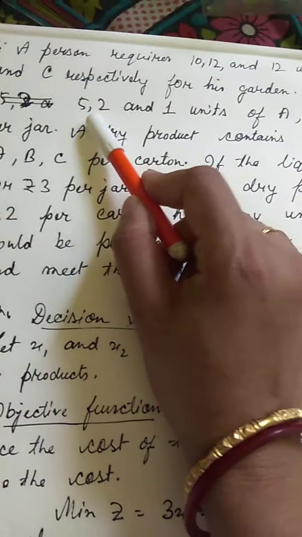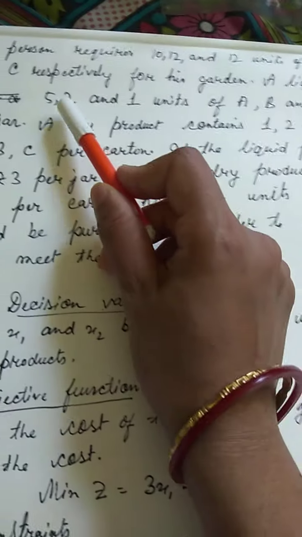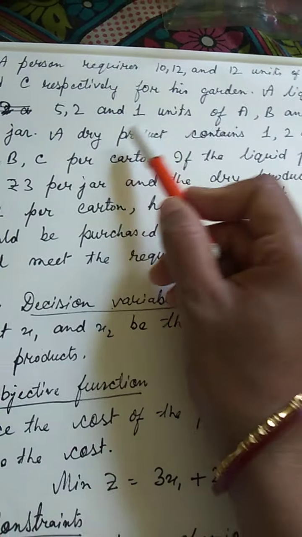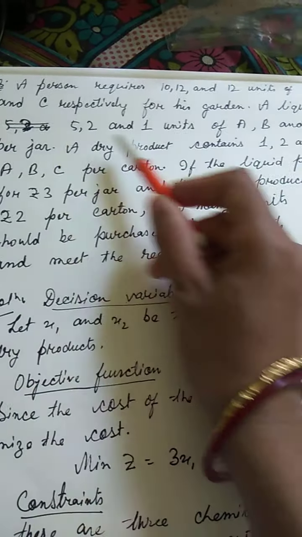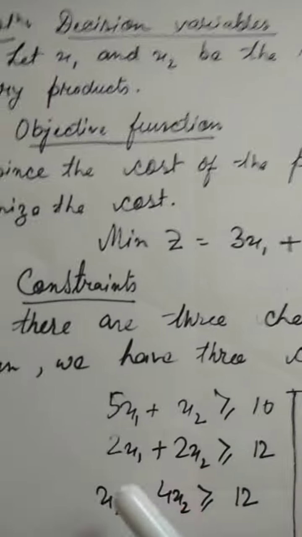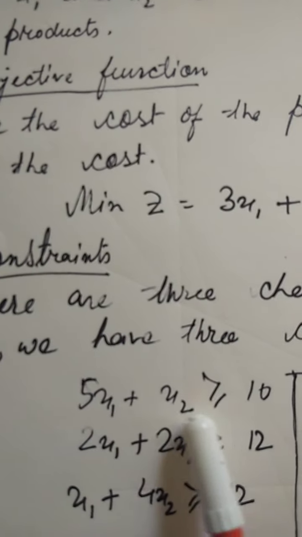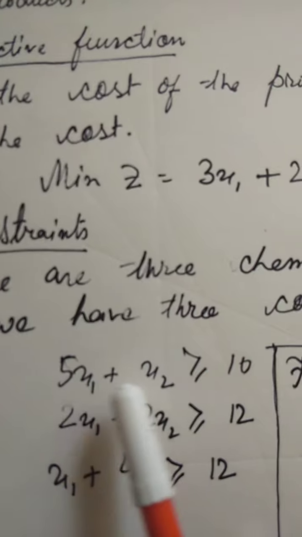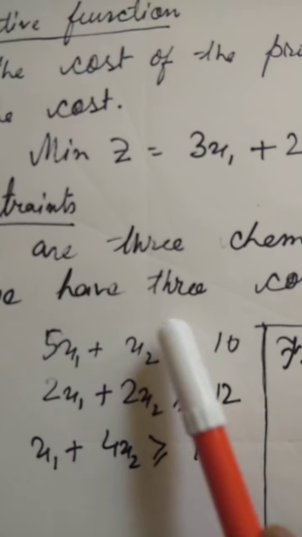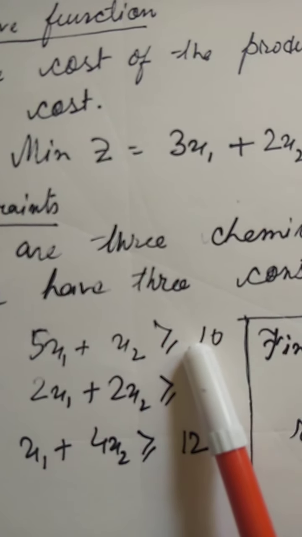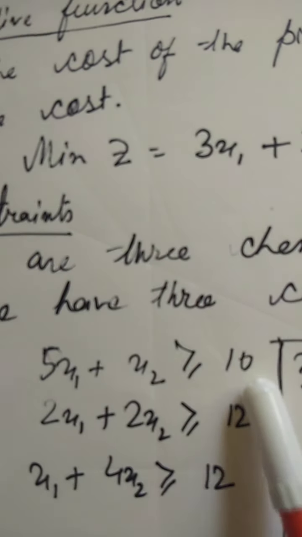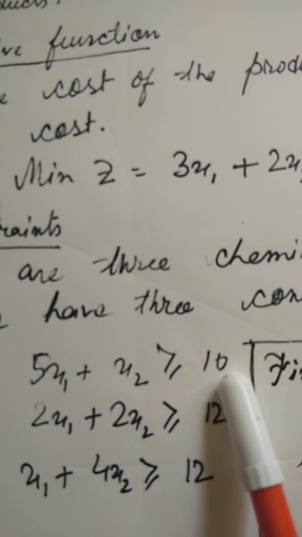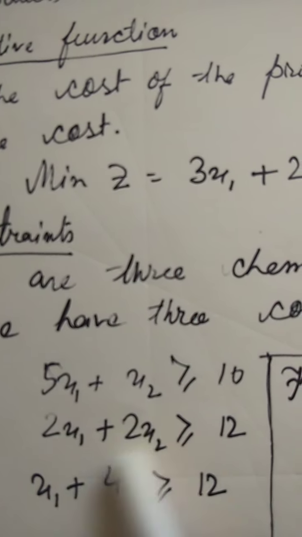You can see here, a liquid product contains 5 for A, right, and the dry product contains 1 for A. So, 5 plus 1, x1 means the liquid product, x2 means the dry product. 5x1 plus 1x2 will have to be minimum 10 units of the chemical A, otherwise your requirement will not be fulfilled. Similarly, we will take the second one, chemical B. What are the figures given?